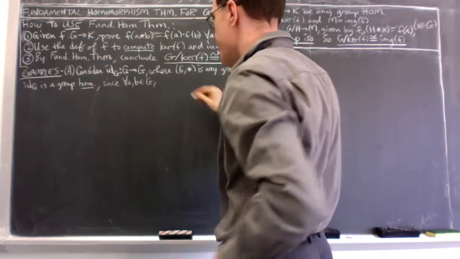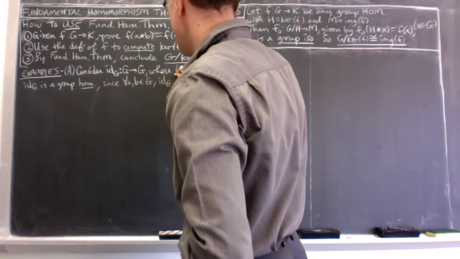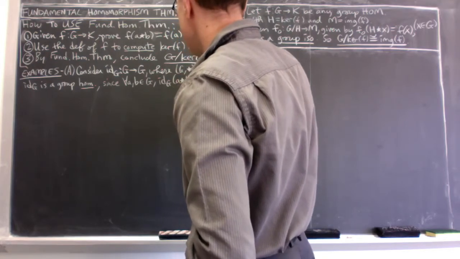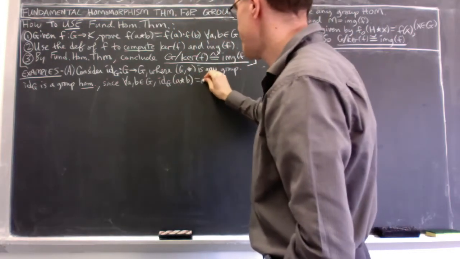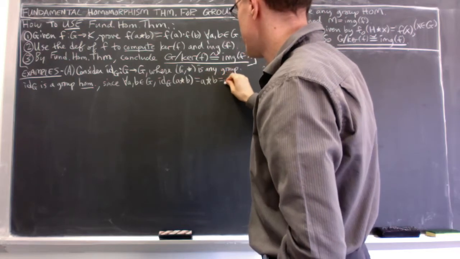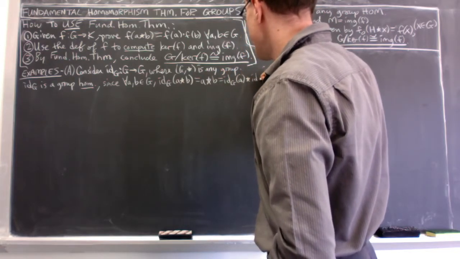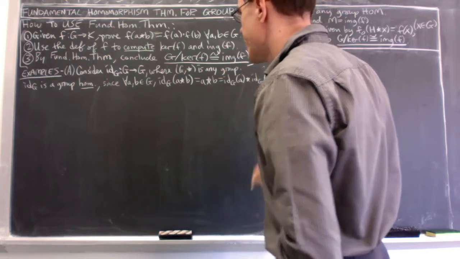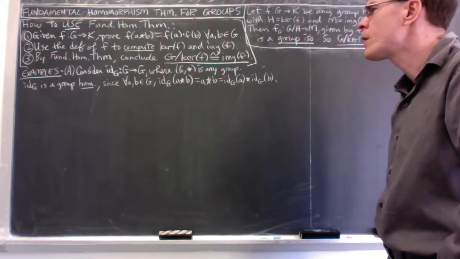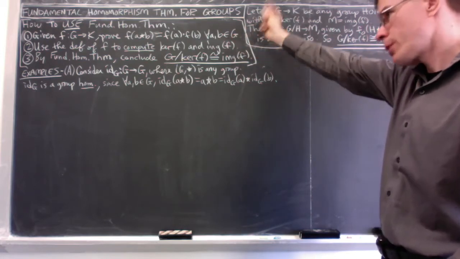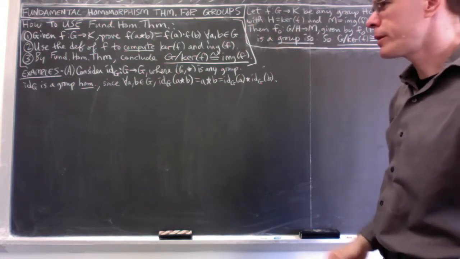And in this case, it's basically immediate because the identity map just sends every input to itself. So id of a star b is a star b, which is also id applied to a, star id applied to b, for any a, b in G. And just to illustrate step 1 here, I'll reprove that.